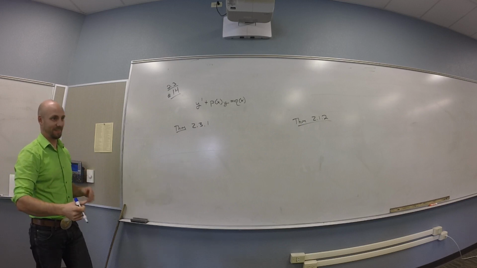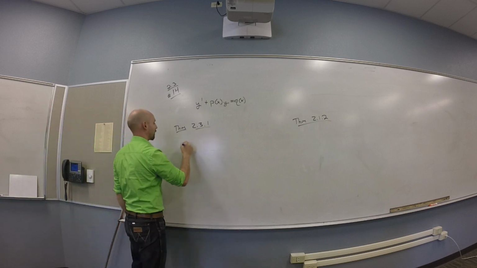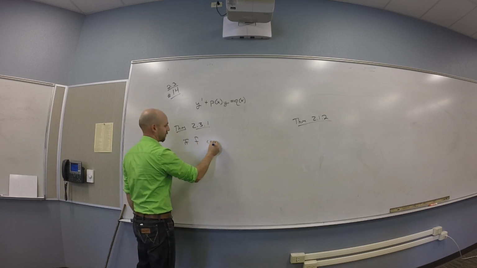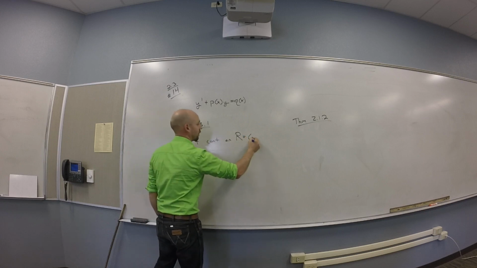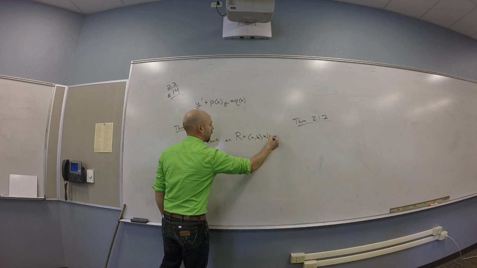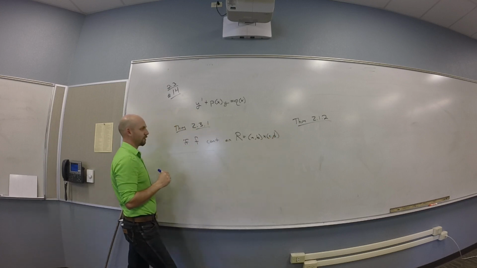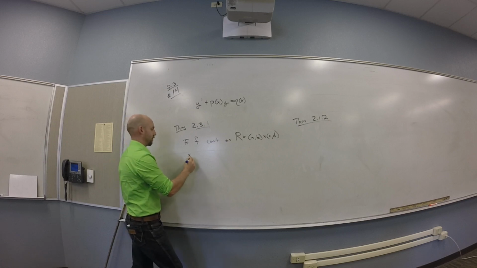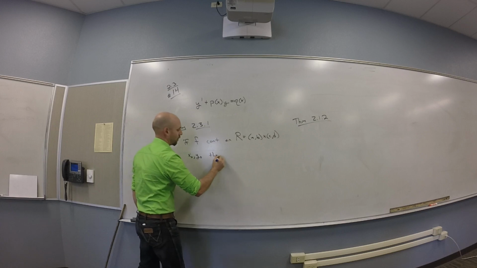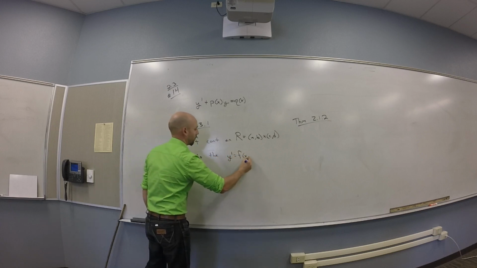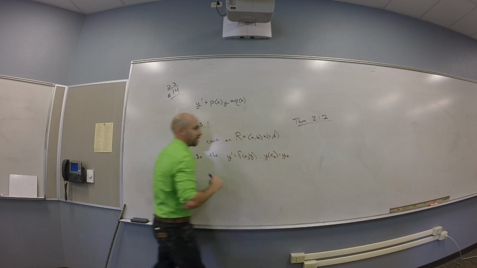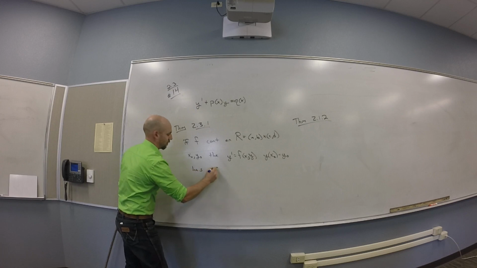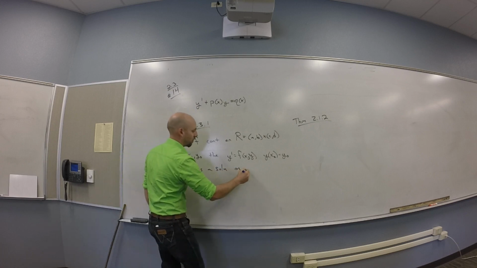What do they say? 2.3.1 says if f is continuous on an open rectangle, a is less than x is less than b, c is less than y is less than d, and it contains x naught, y naught, then the initial value problem y prime is equal to f of x and y, with presumably y of x naught is y naught, has at least one solution on some open subinterval of AB that contains x naught.